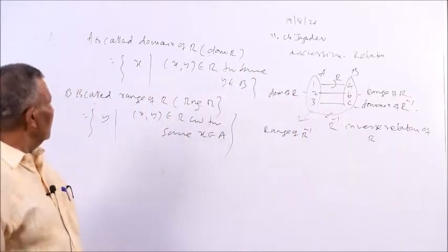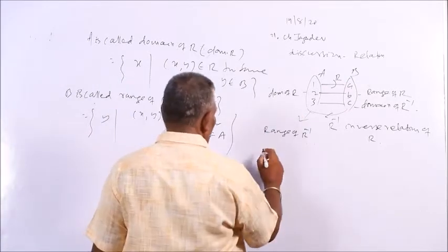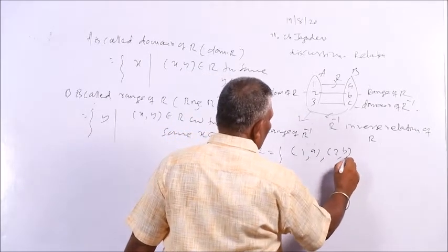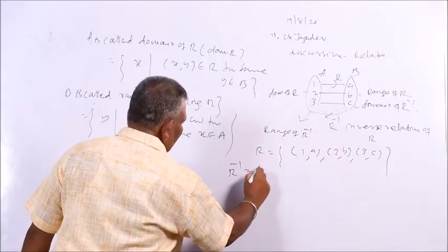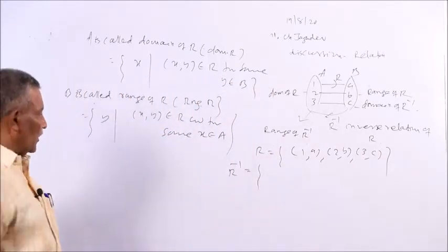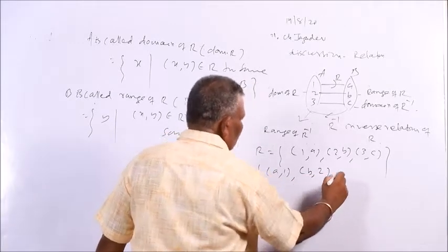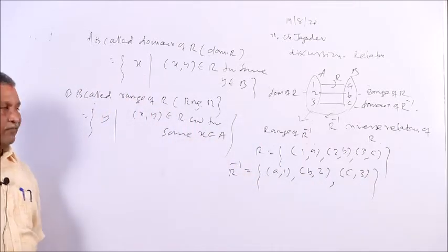So naturally the ordered pairs will be reversed. Here in this example, R has elements (1,a), (2,b), (3,c). So R inverse is defined by just reversing the ordered pairs, that is (a,1), (b,2), (c,3). So the inverse relation is defined like this.